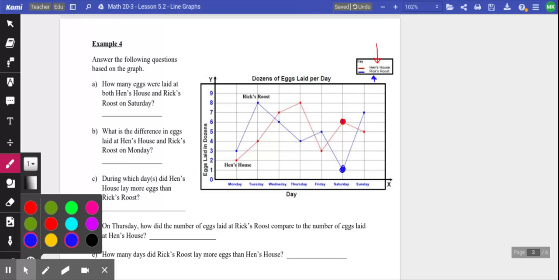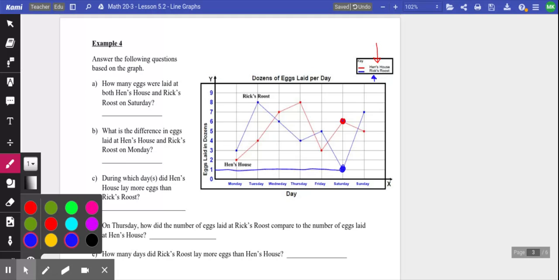On Saturday, Rick's house, the blue one, laid 1 dozen eggs, right? And the red one laid 6 dozen eggs. So on Saturday, in total, there was 7 dozen. A dozen means 12, so 7 times 12 is 84.